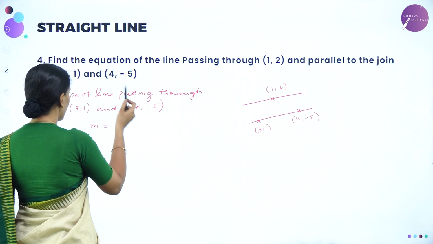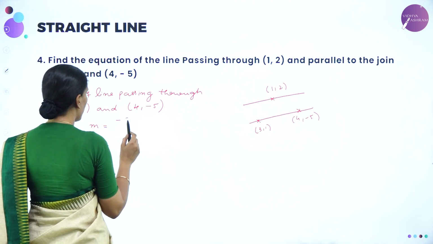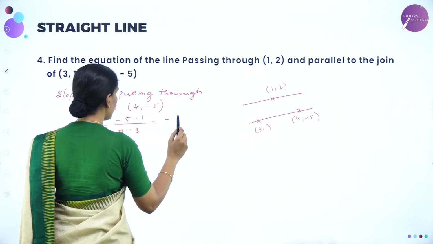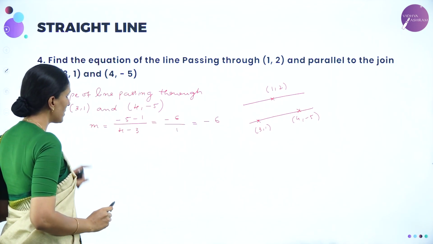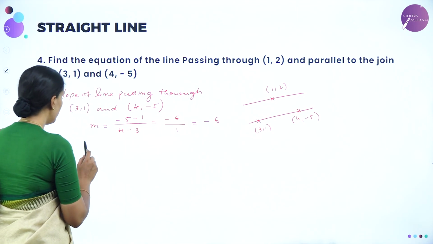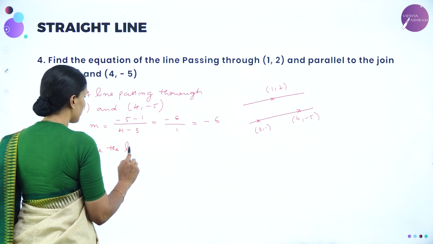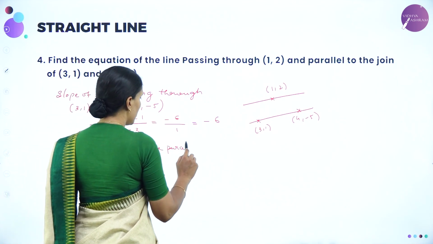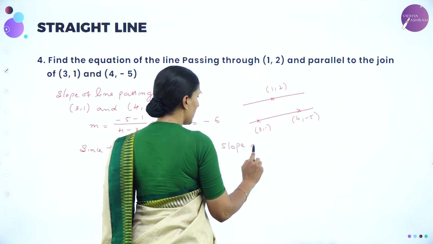It is the difference in y coordinates with respect to the difference in x coordinates. (-5 minus 1) divided by (4 minus 3), which is -6/1, that is -6. Now, since the lines are parallel here, this implies the slopes are equal.